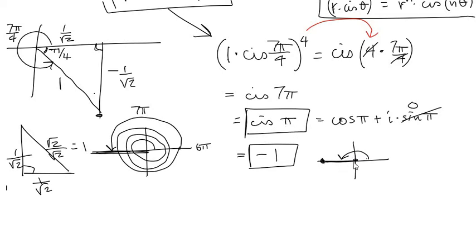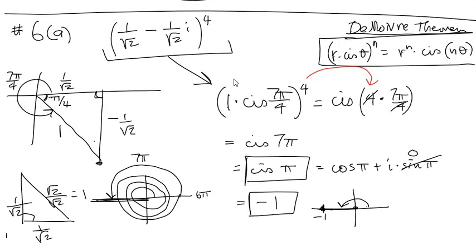Well, what number is that? If you go 1 unit to the left in the pi direction, that number is, of course, -1. That's where -1 is on the real number line. All right, so there we have raised 1 over root 2 minus 1 over root 2 i to the 4th power. Turns out it's -1.